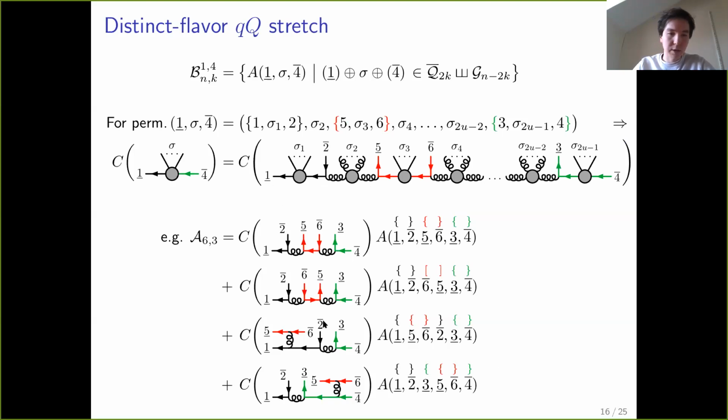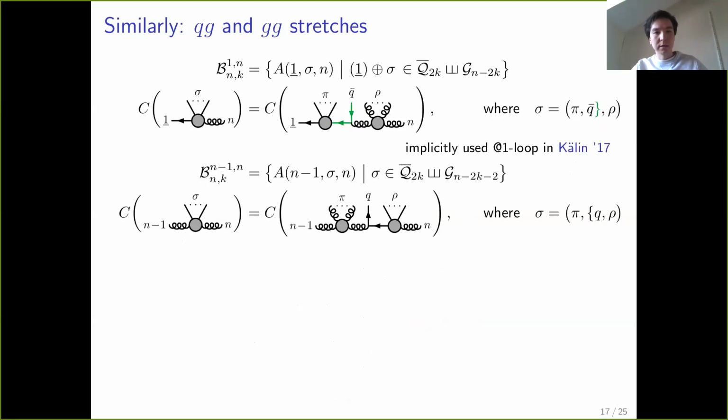And this is an example with 6 quarks of different flavors, where you again see that the small non-letter pieces occur whenever you have some enclosed brackets. And similarly, we can obtain color decompositions and the basis, and then the color decompositions follow for QG and GG stretches.